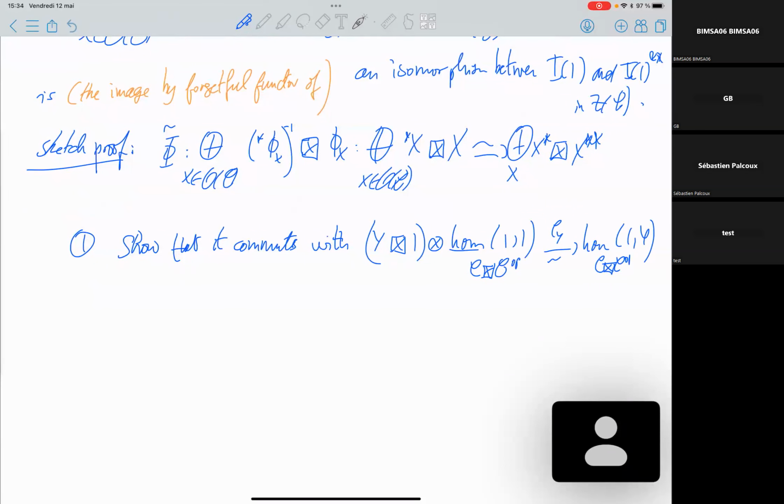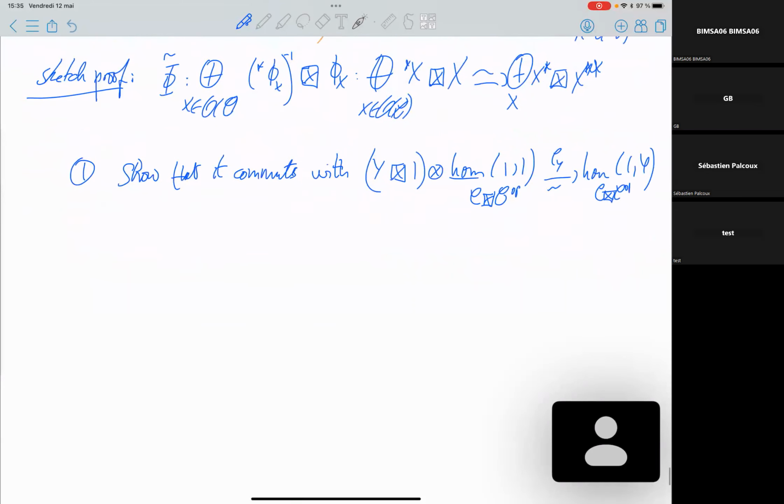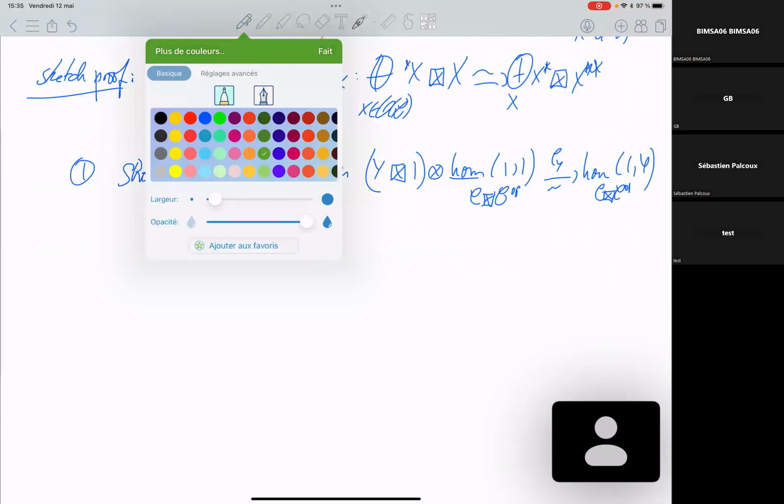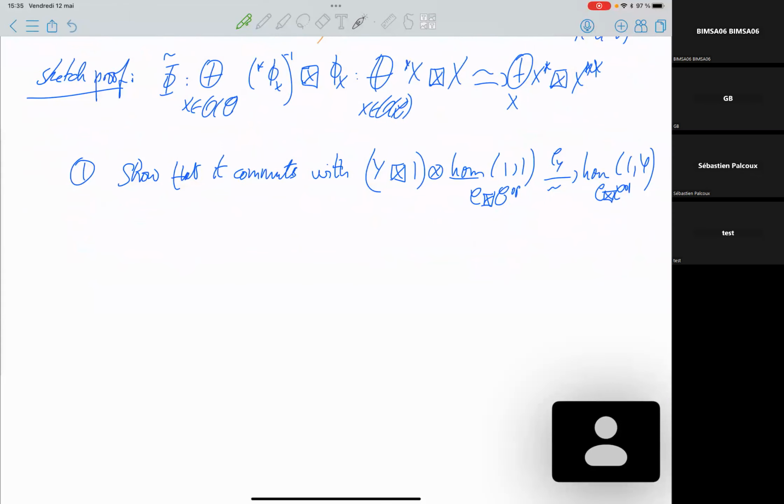Let me check something. Oh, it's okay, I guess. So we show it commutes in the following sense: this is equal to Y tensor the direct sum of X.